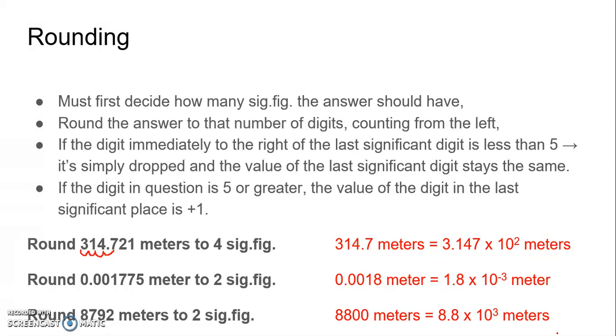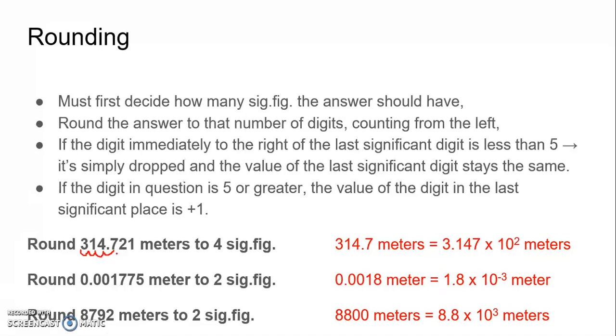So you would end up with 314.7 meters. Now, what happened is that you would look at the number immediately to the right of 7, and this number is less than 5. 2 is less than 5, so you would keep this as 314.7.